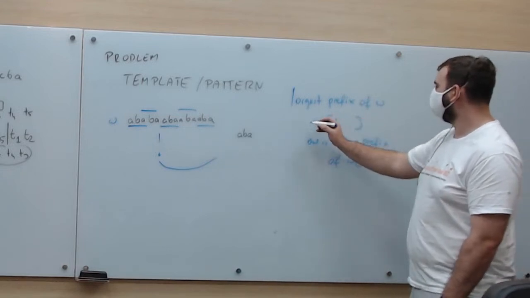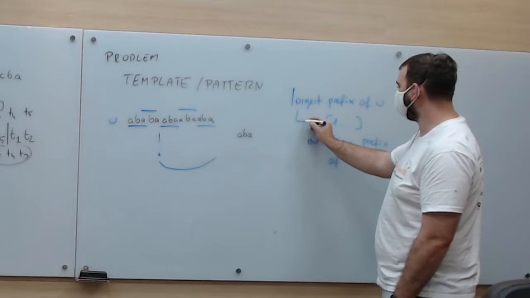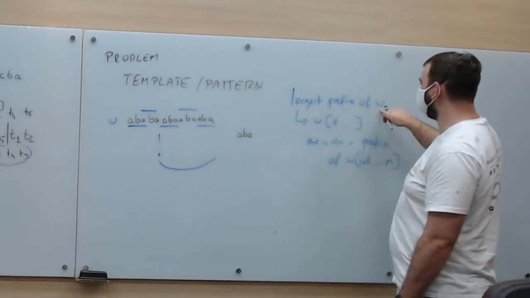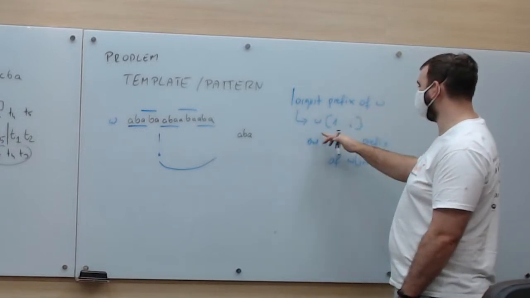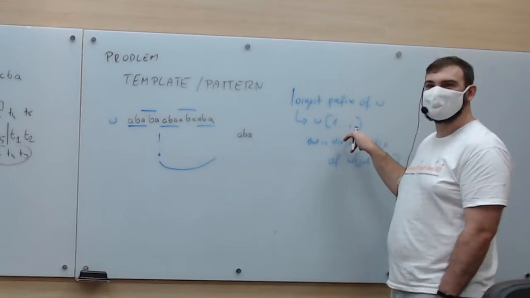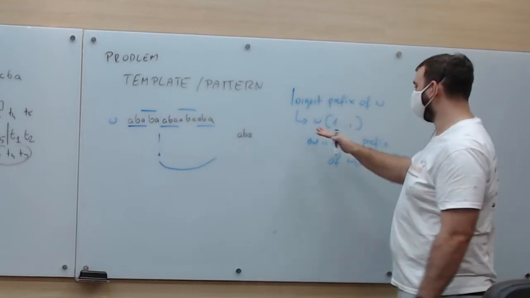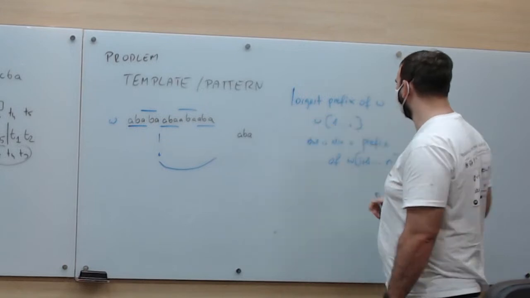Okay, but this is the prefix, so the prefix of the whole word, but I just called it from 1 to I. So I'm saying the I is the... But it's not the same line. Oh, it's not the same I. Okay, that's what I didn't understand.